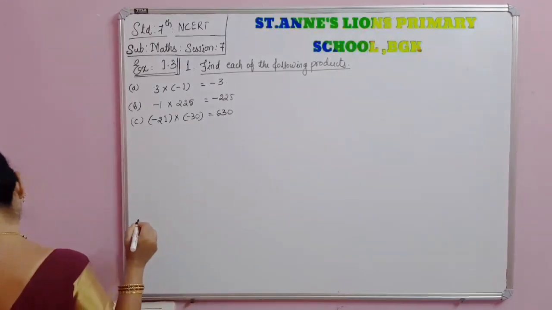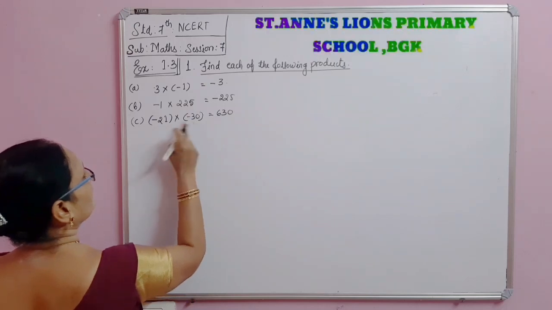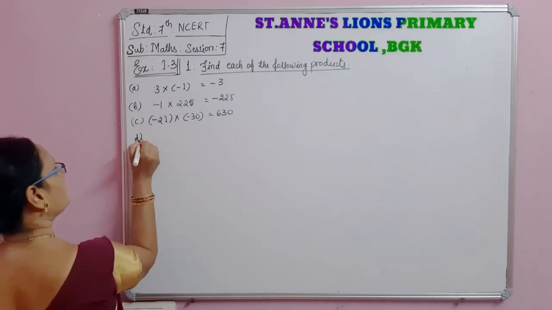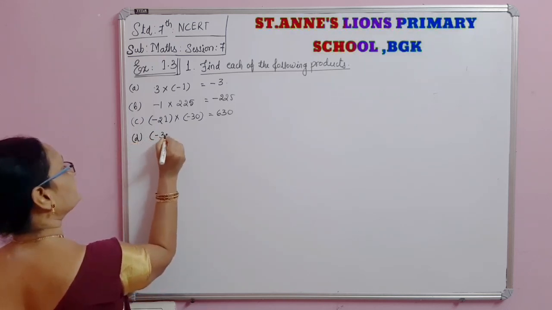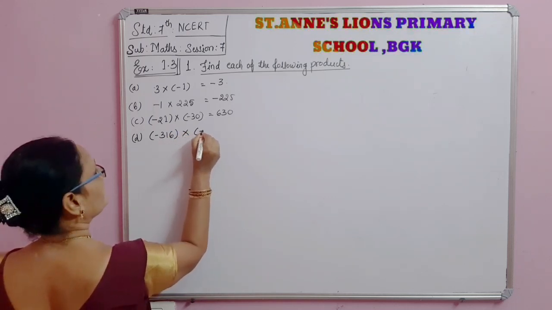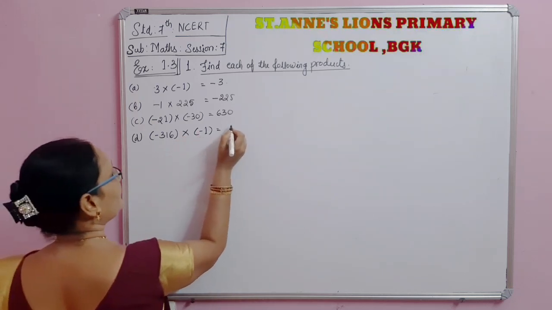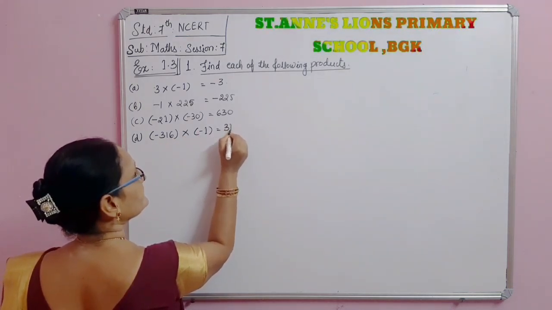The answer is 630. Then the next one is D: minus 316 into minus 1. See here, minus into minus is plus. 316 into 1 is 316.